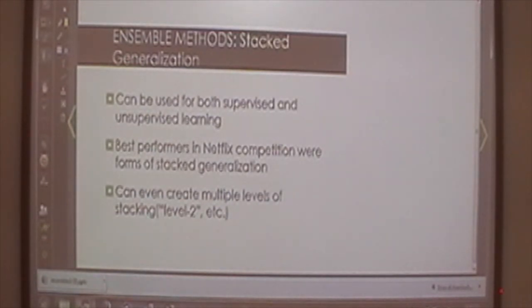Generally, I mean, I experimented with that, but generally what I see in the literature, most people stop at level 1. Again, I did experiment, but I can't remember what the results were on the particular problem I was working on.